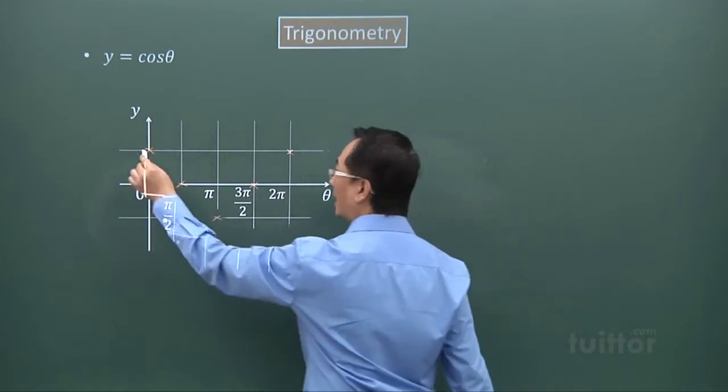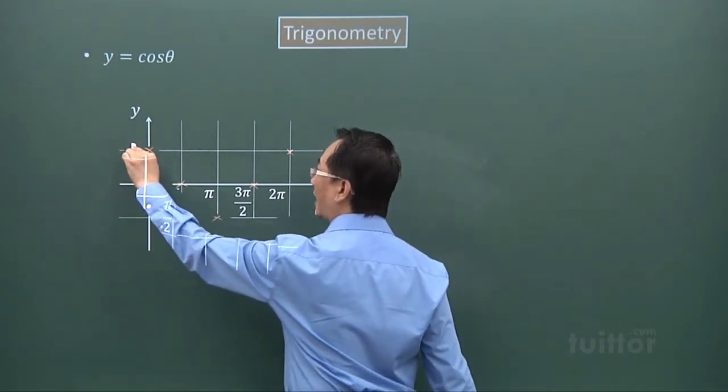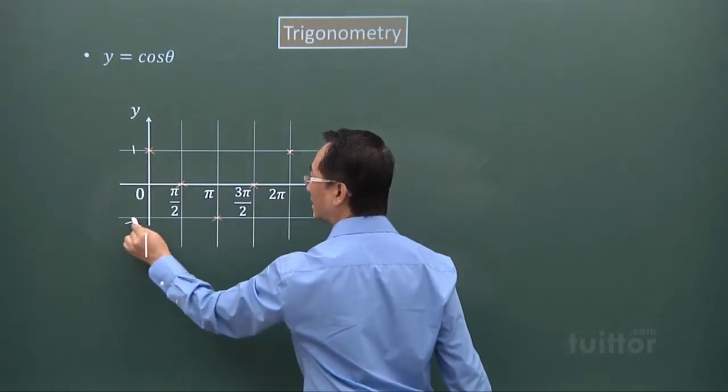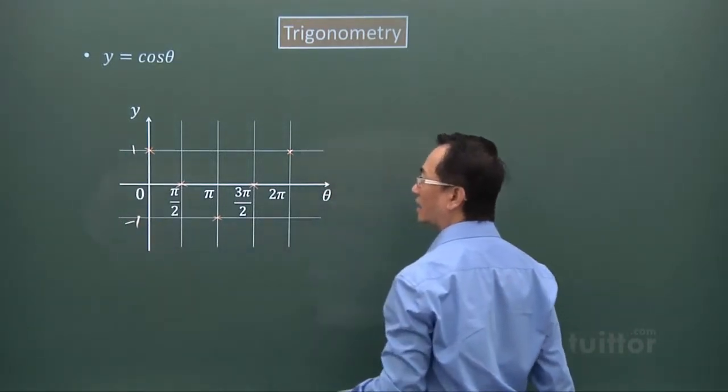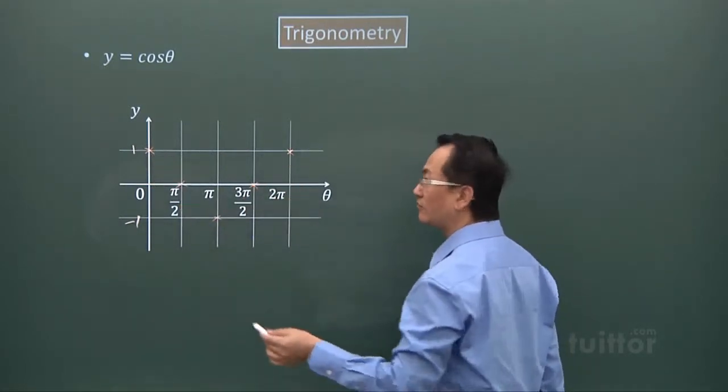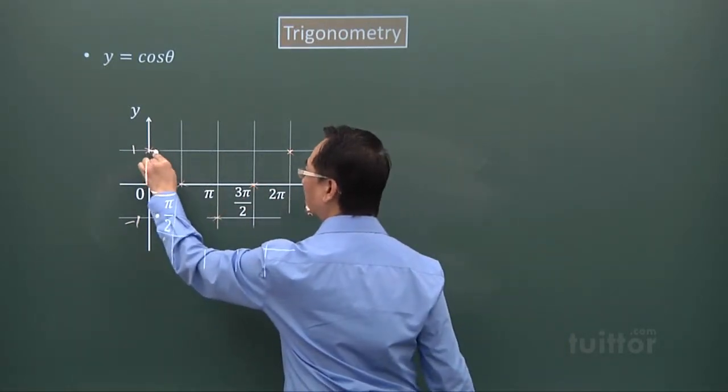So again, the highest value of the curve is 1, lowest is minus 1. If I join up all these points with a curve, it will look like this.